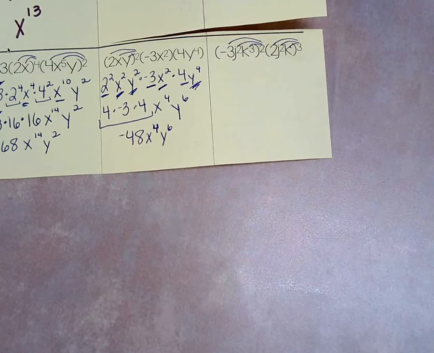So that's J4. Negative 3 squared, and then J.